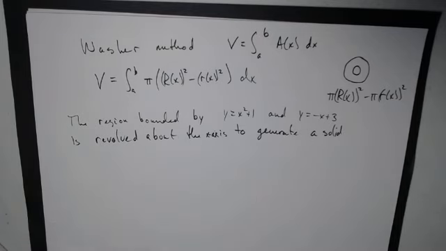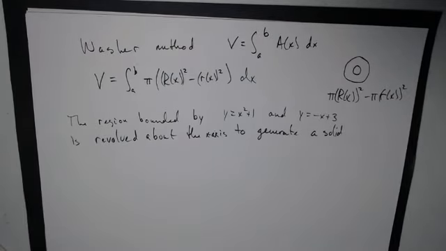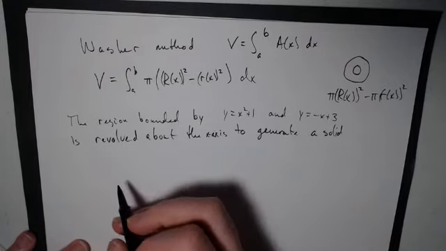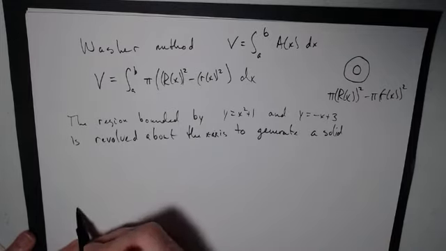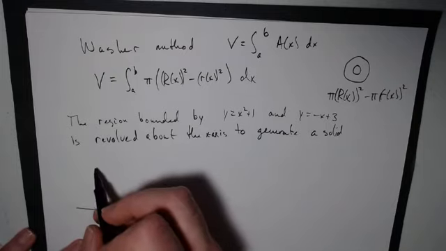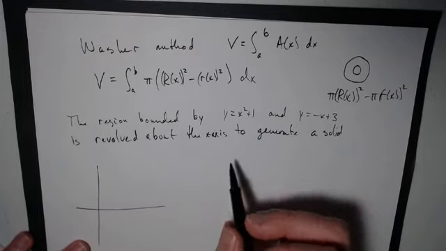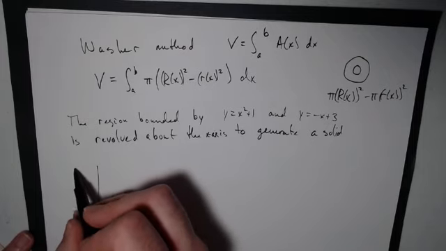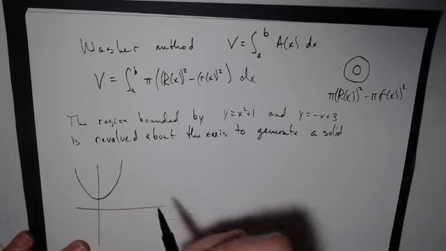Let's just draw it out to start with. So we're going to revolve it around the x-axis. It's going to be easiest for us if we go ahead and graph what this looks like. So x squared plus 1 we know looks something like that.